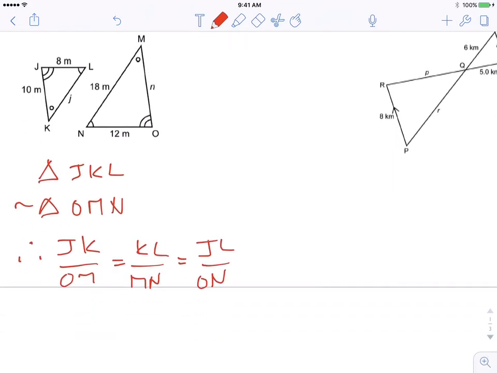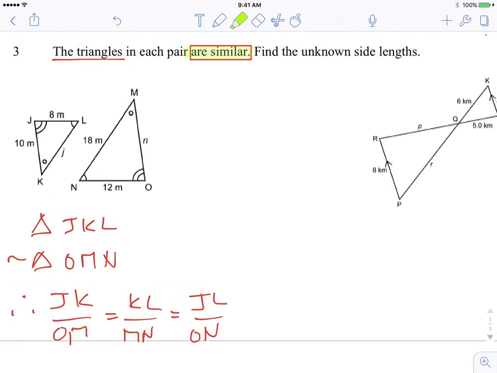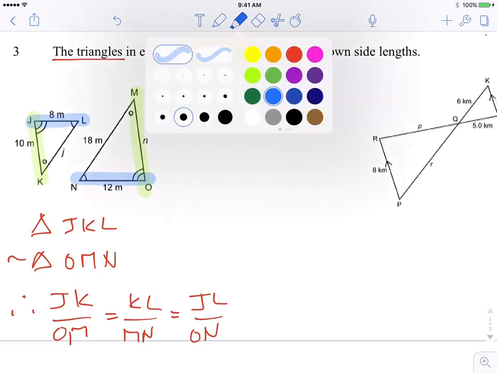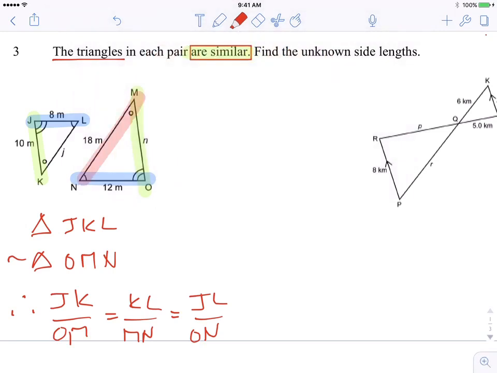And then I can fill in what I know and cross multiply. And our corresponding sides work like this. We know that JK lines up with OM, and then we also know that JL lines up with ON, and then we also know that the other two, KL and MN, line up with one another as well.